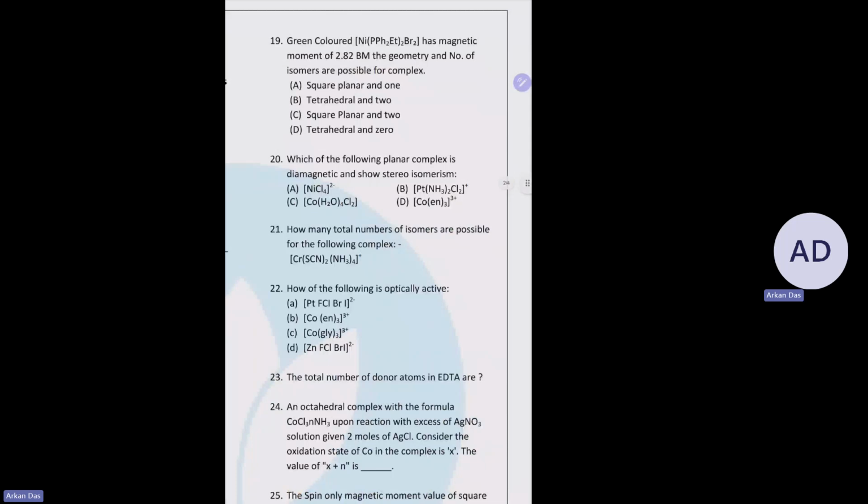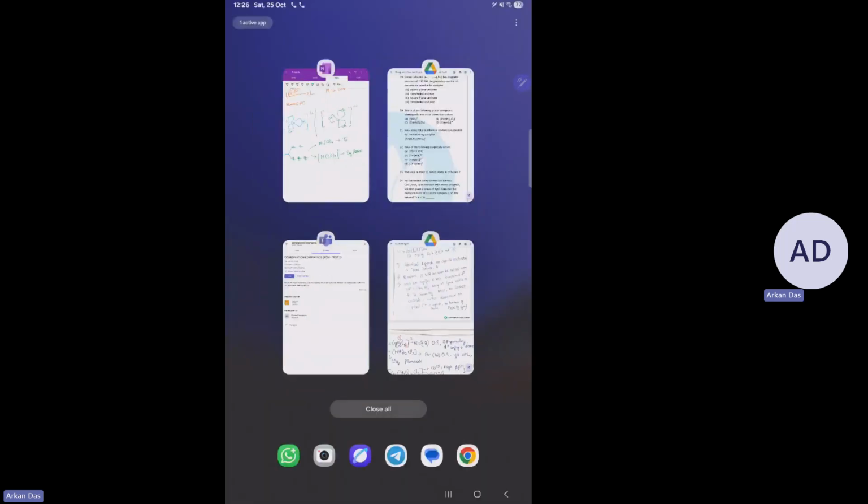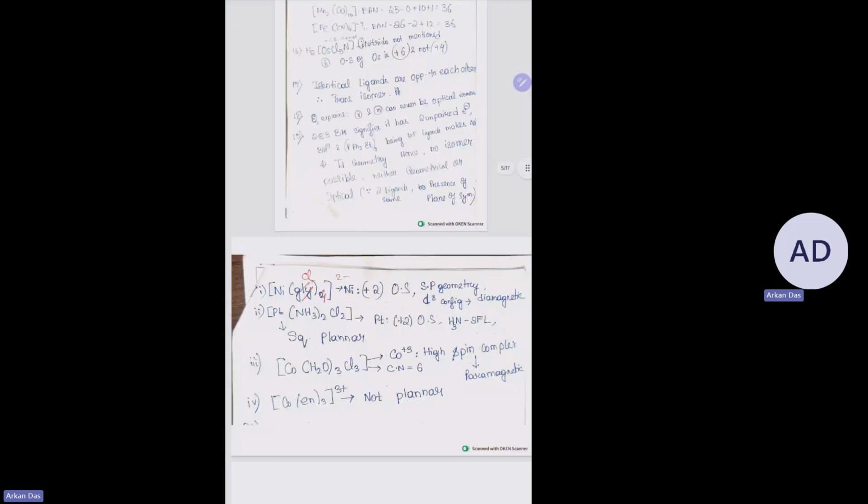Question number 20. Which of the following planar complexes is diamagnetic and shows stereoisomers? So we have to draw all the complexes, and first of all find the oxidation state. You will find that nickel has the oxidation state of +2, platinum has +2, and cobalt has +3 for both the cases.